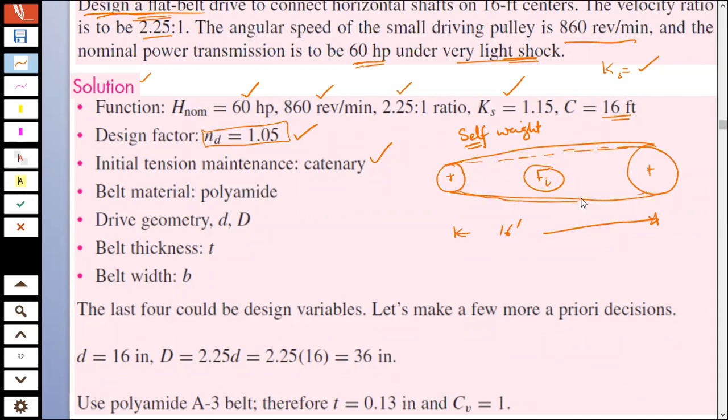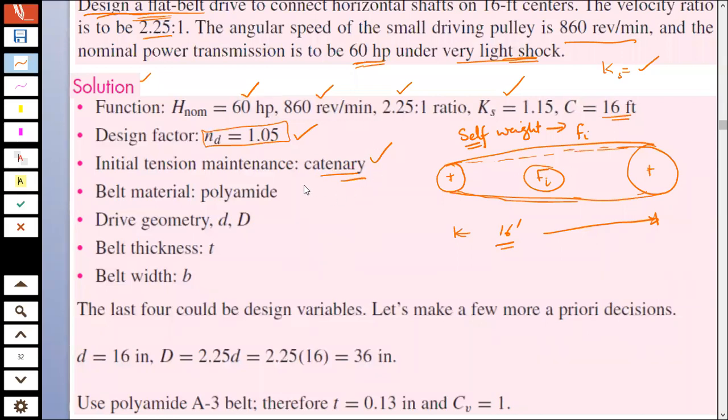And this is what they say, that the initial tension in this belt will be due to its own weight. We are not putting more Fi right now by displacing the pulleys beyond 16 feet. So though there will be some initial tension now.